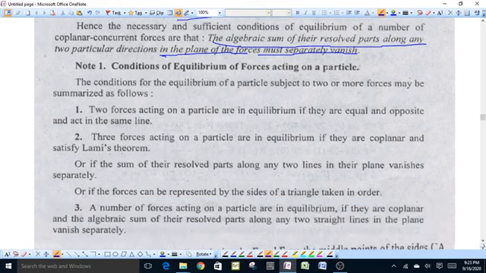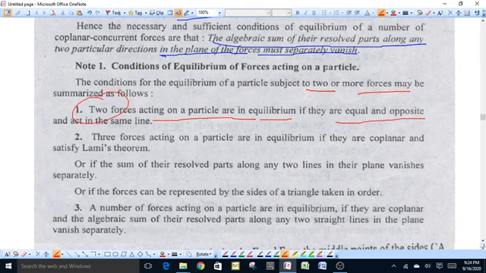If we summarize the conditions of equilibrium of forces acting at a point or on a particle: if we have two forces, they will be in equilibrium if they are equal and opposite.